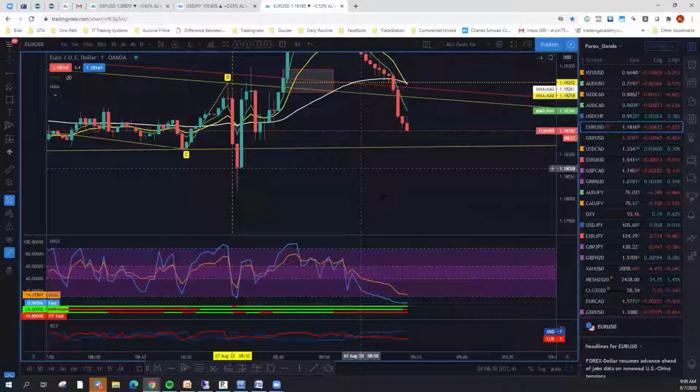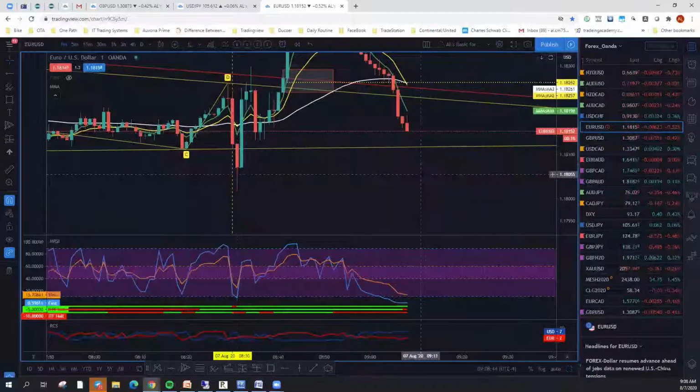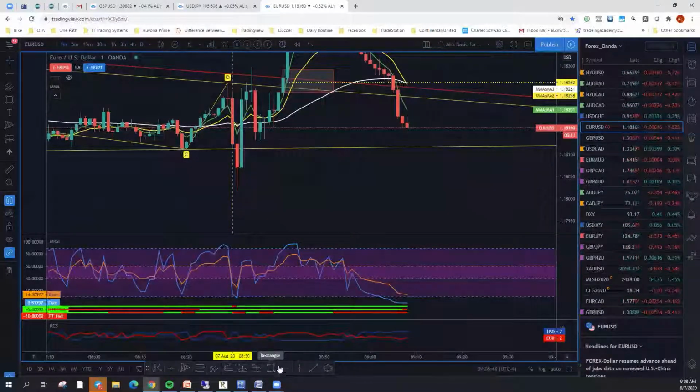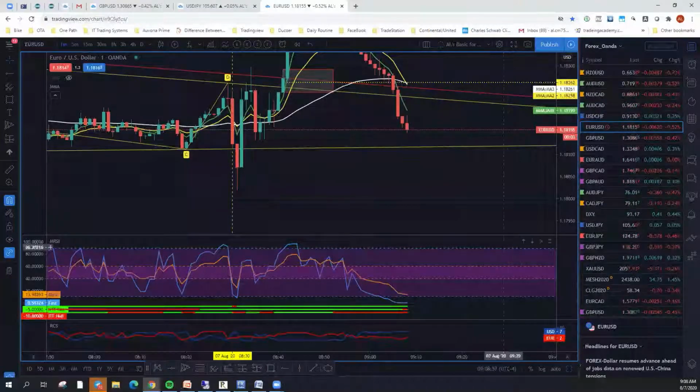A question from Alan. It says on the RCS indicator for the USD euro, it shows USD as 7 strength, euro 1. Does the symbol ever change to a plus? No, it goes from 0 to 7.